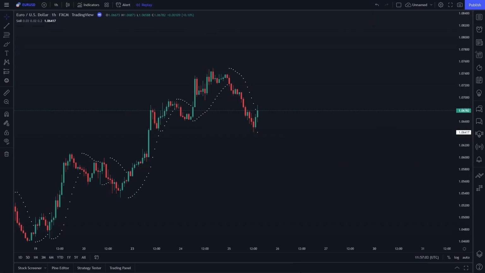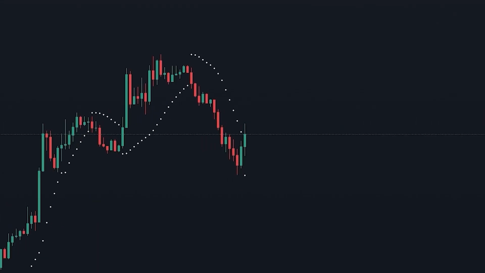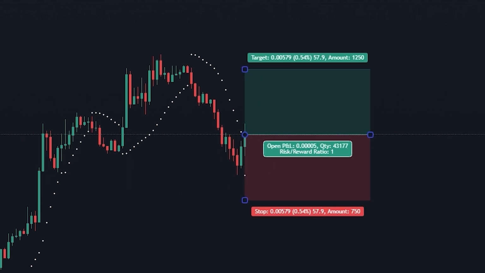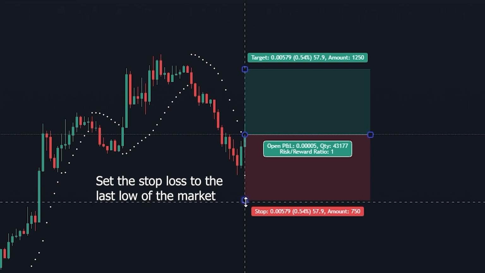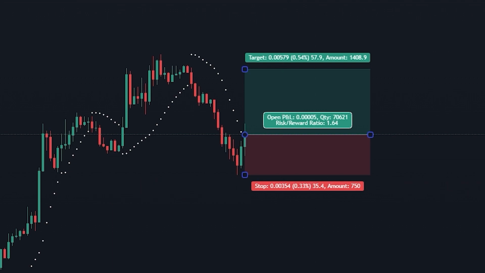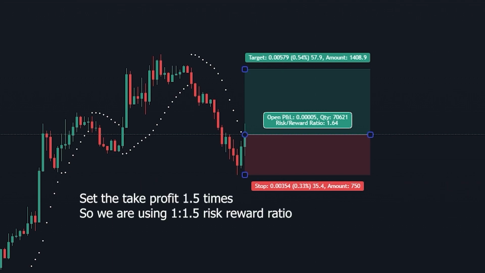Now you can see in the chart. The Parabolic SAR is moving from top to bottom. We can go for buy or long transaction. Set the stop loss to the last low of the market. Set the take profit 1.5 times, so we are using 1 to 1.5 risk-reward ratio.